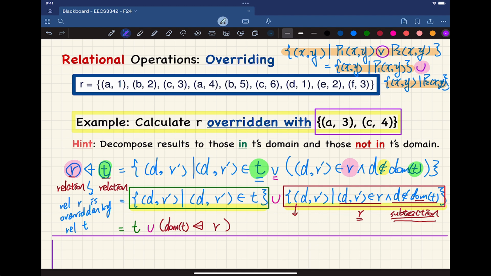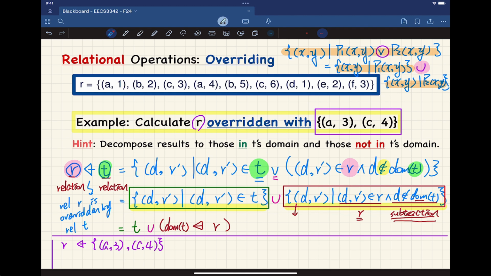So what we want to do is R overridden with the T. Now let's put the T, which is a set of ordered pairs: A3 and C4. That's the problem we want to solve. And R is simply this guy over here.